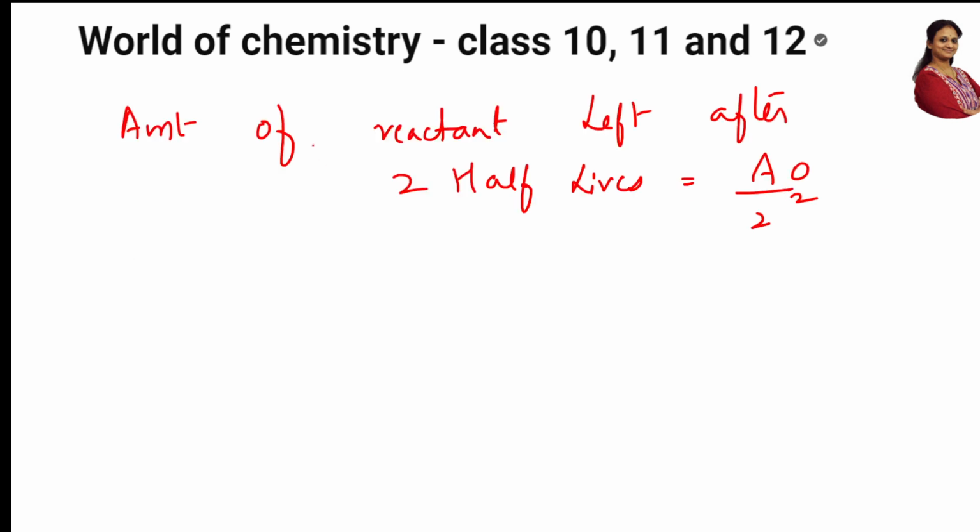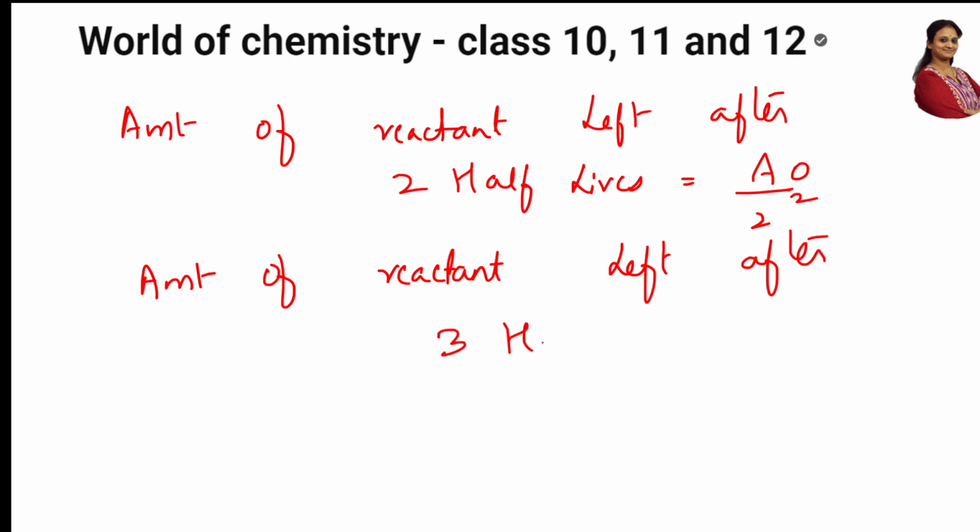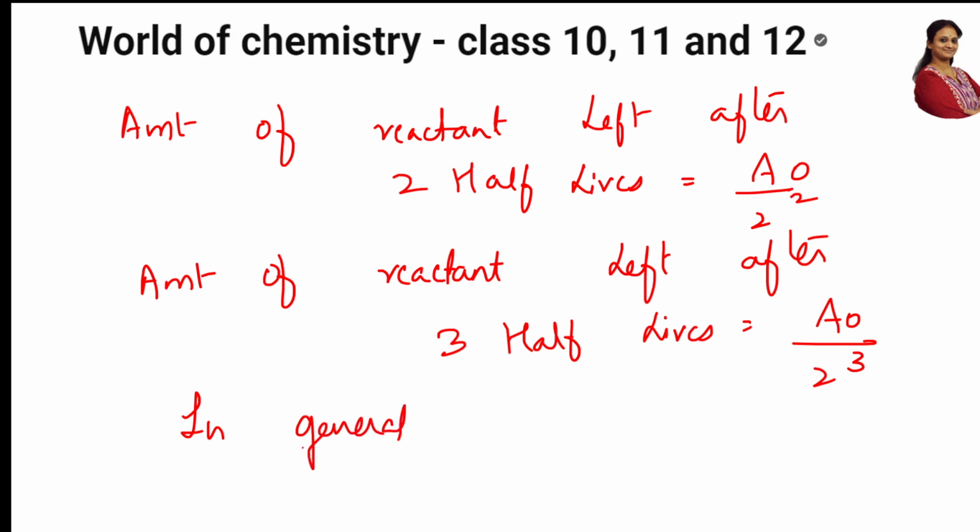So, initially, the amount of reactant left after two half-lives is A naught by 2 square. Now, the amount of reactant left after 3 half-lives is A naught by 2 cube. In general, I can write A naught by 2 to the power n. Correct, students? Yes. Okay. This is understood. Point number 1. This is point number 2. This is point number 3.